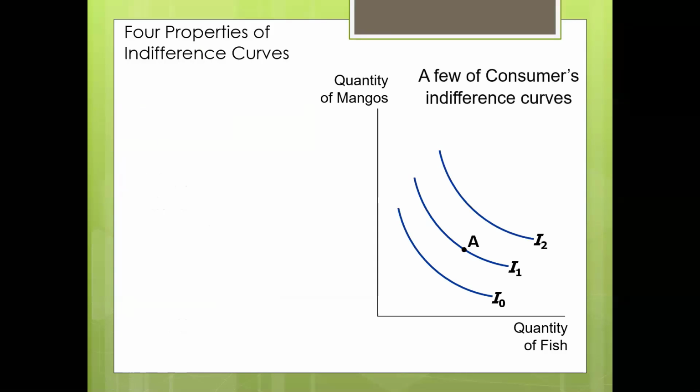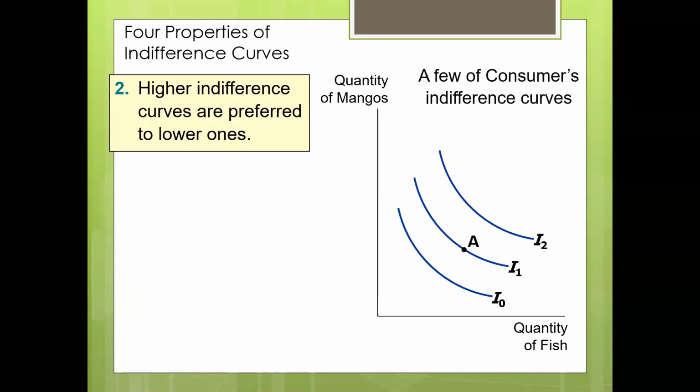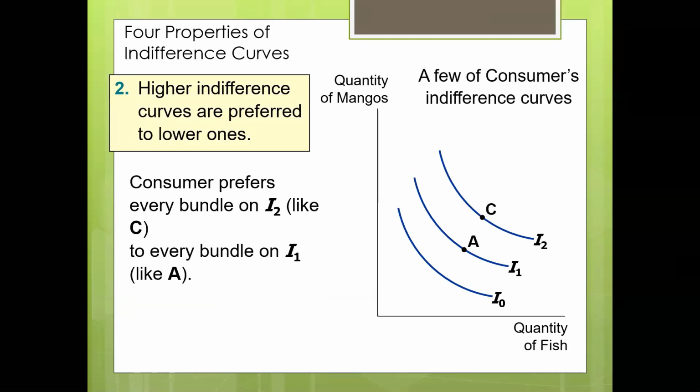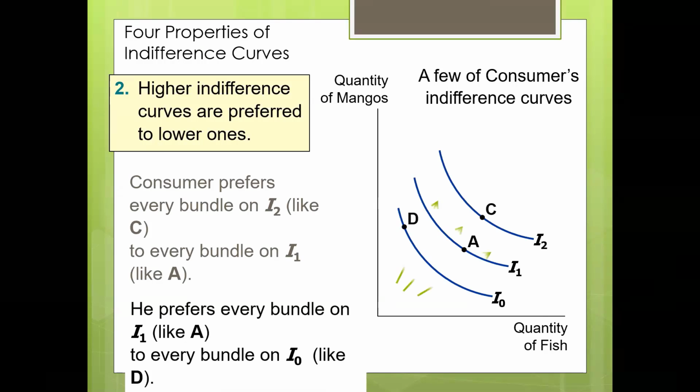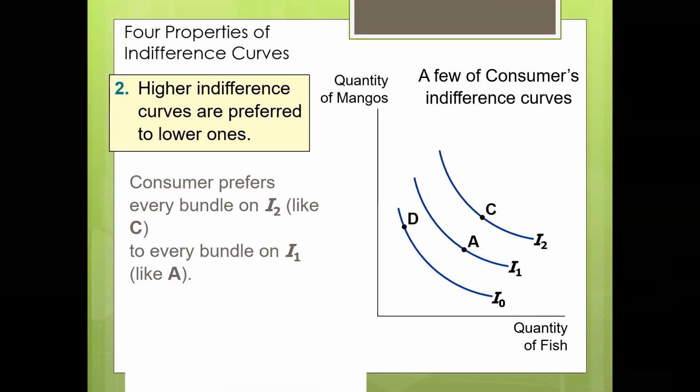So the next property is that higher indifference curves are preferred to the lower ones. So let's say that there are three indifference curves and there is point C, point A, and point D. The customer prefers every bundle on I2. So we already know that utility from I2 is more than utility from I1 and is more than utility from I0.